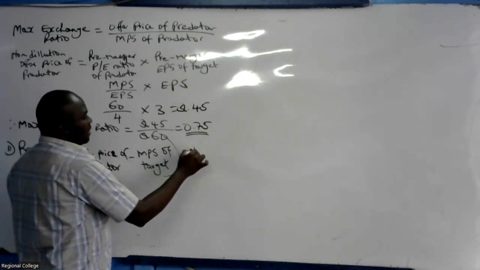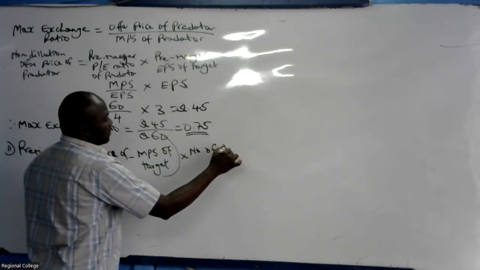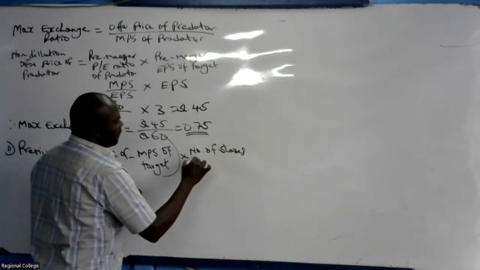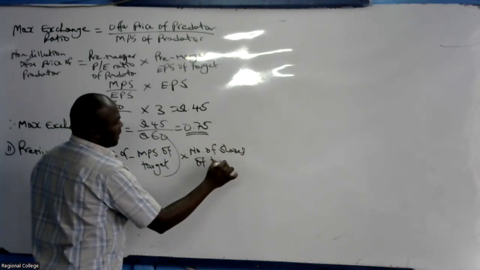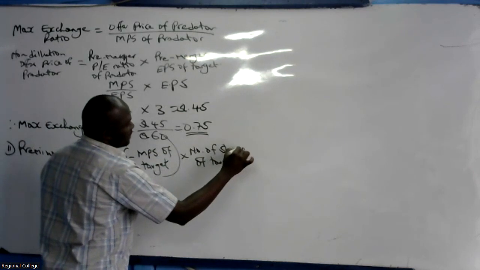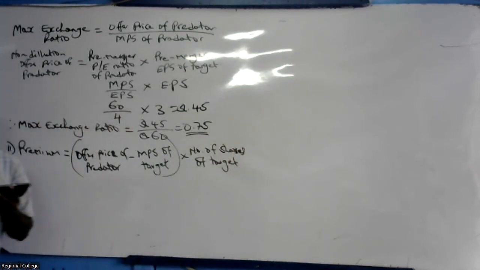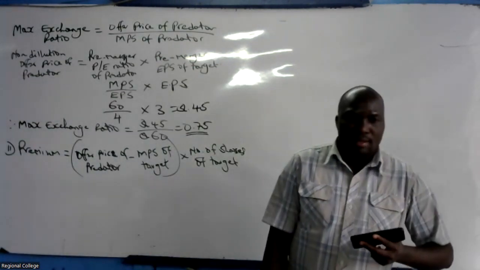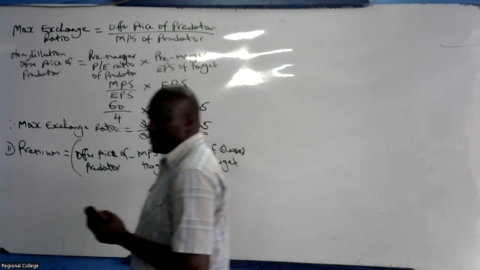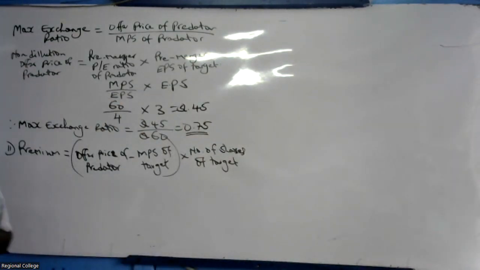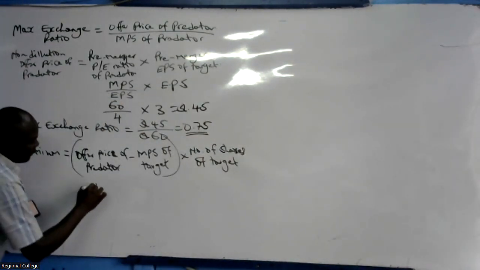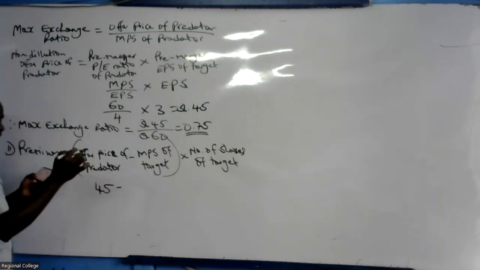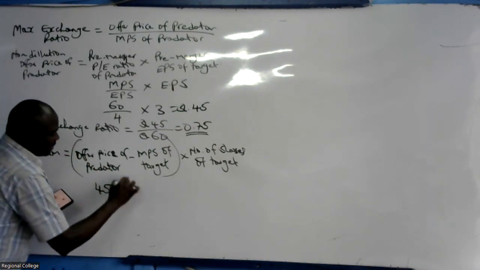Then we multiply by the number of shares of the target. You're offering 45 minus the price of 30.